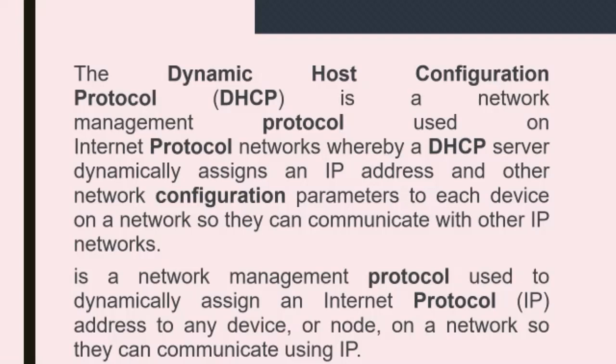DHCP is a network management protocol used to dynamically assign an internet protocol address to any device or node on a network so they can communicate using IP or internet protocol.